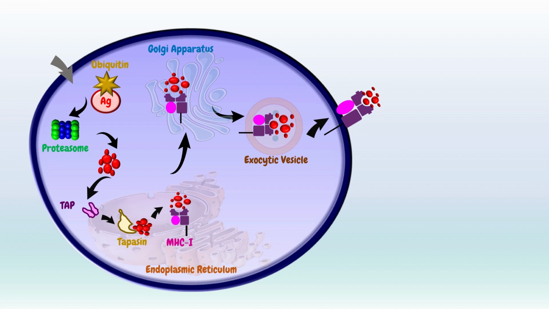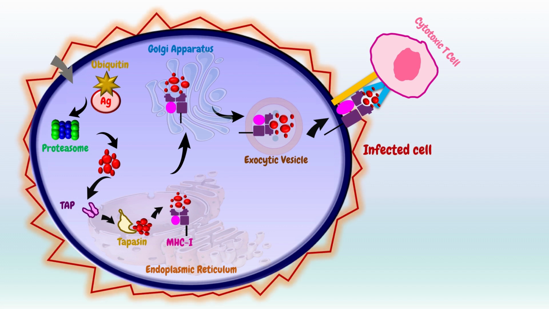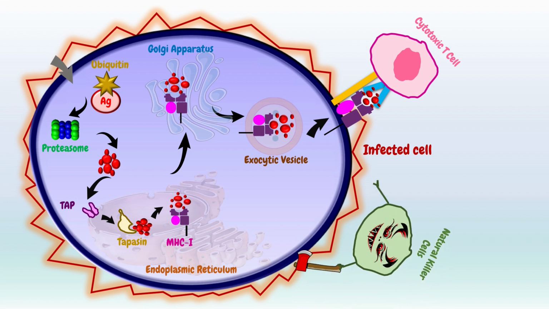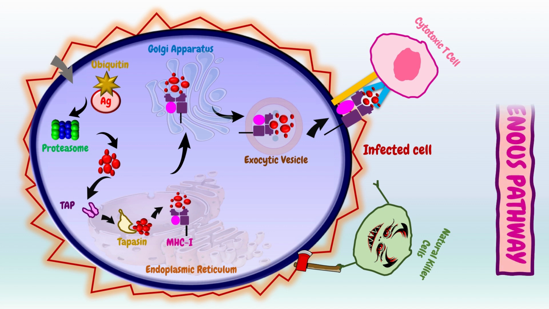So this cell presents the peptide or epitope or antigen to the cytotoxic T cell. The cytotoxic T cell will recognize this foreign body. The infected cell will be killed by natural killer cell. MHC-I presents the antigen from within the cell, so it is called the endogenous pathway.